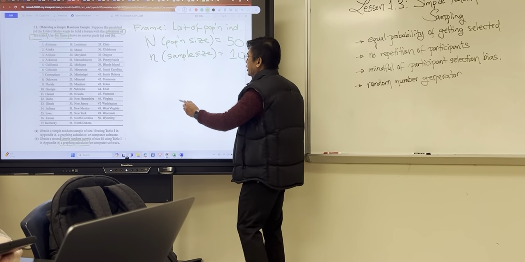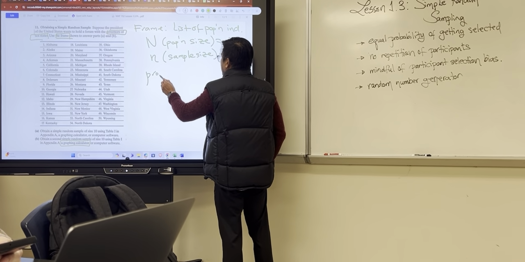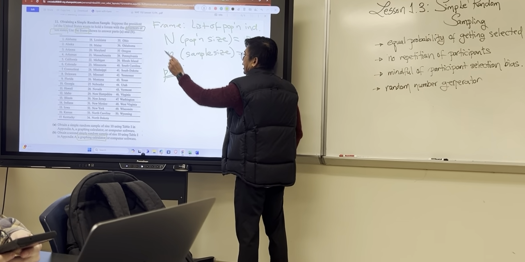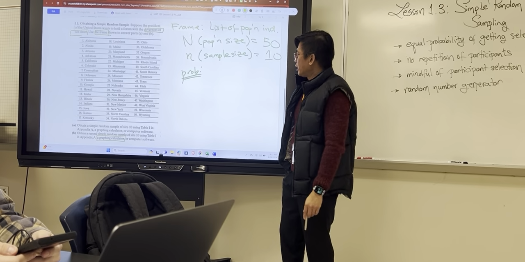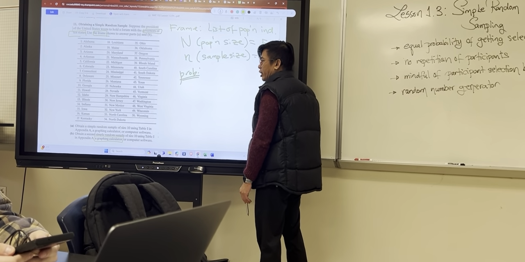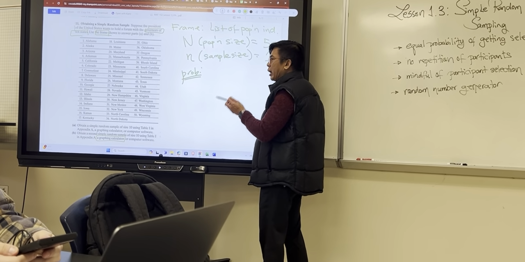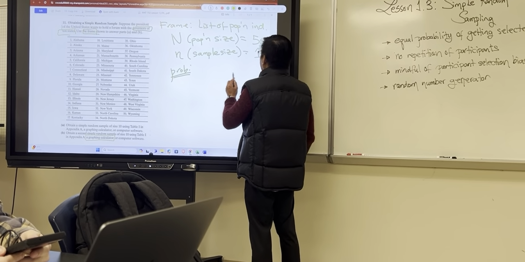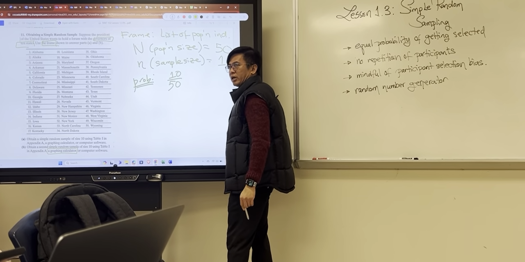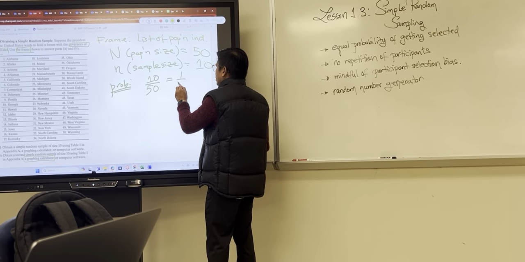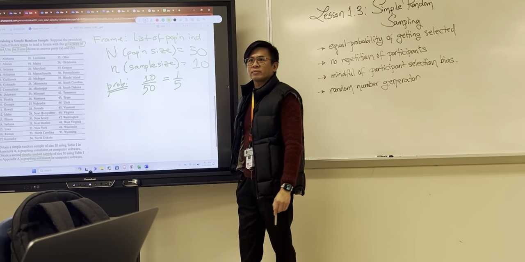In short, I would say the probability that any member, or any state in the continental United States, can be a part of this study is 10 out of 50, which is what? Very good.